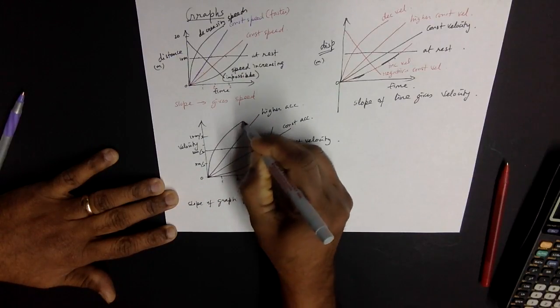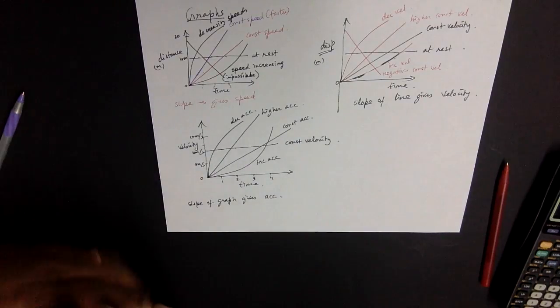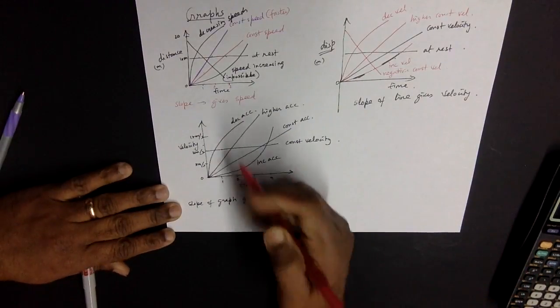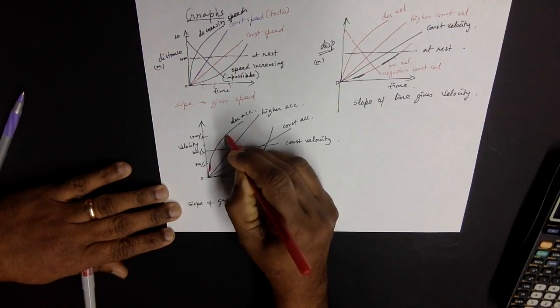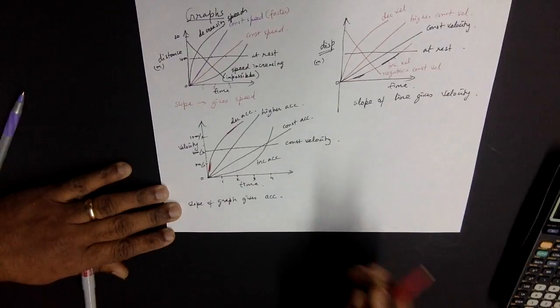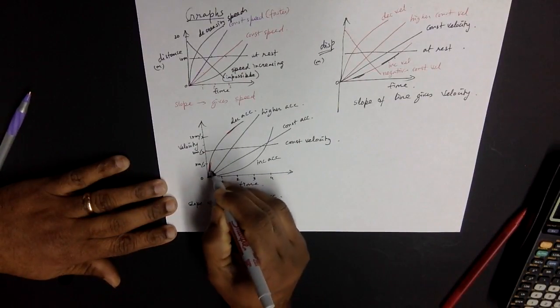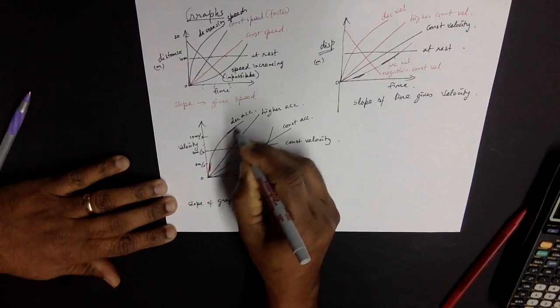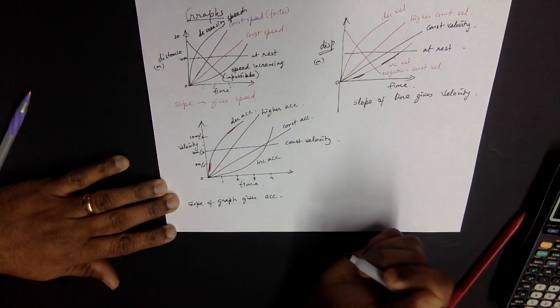And this means decreasing acceleration. And why do you say it's decreasing? Because the slope here is pretty high and the slope here is lower. So slope is rise over run, and the rise over run here is high, the rise over run here is low. So slope is low, so decreasing acceleration.